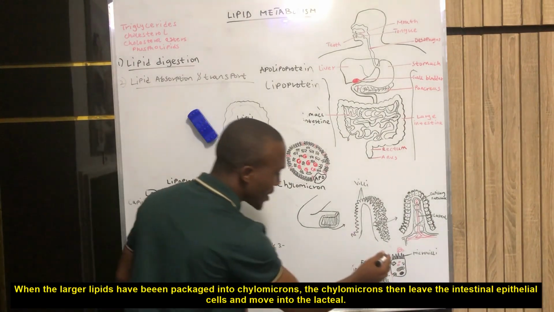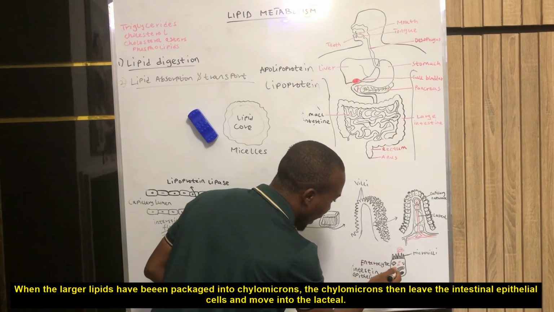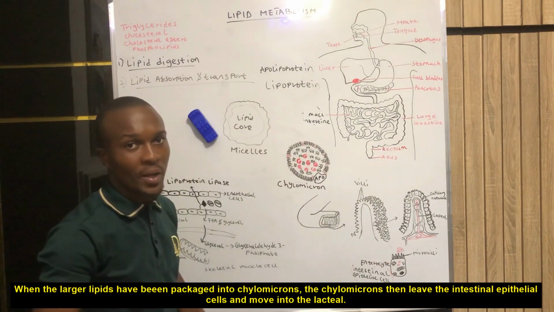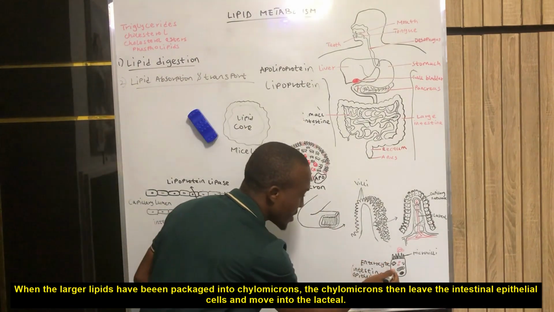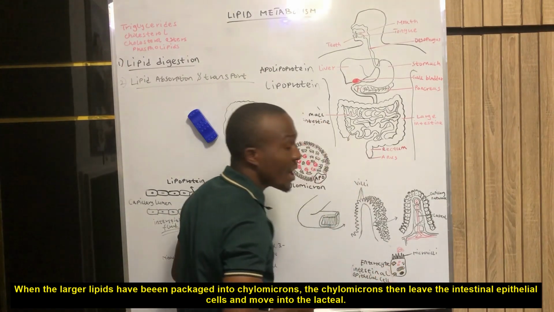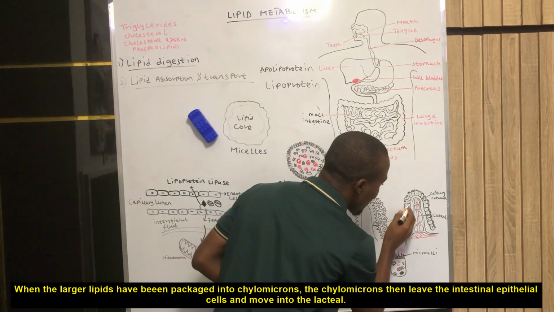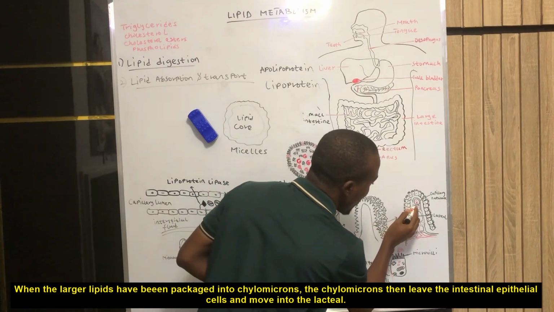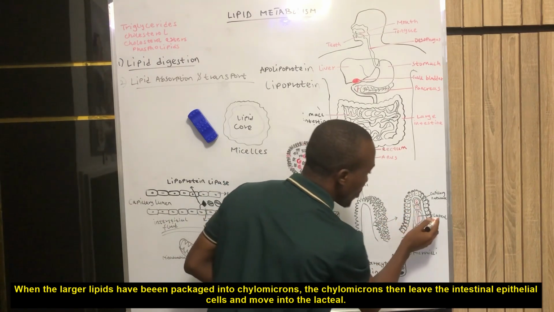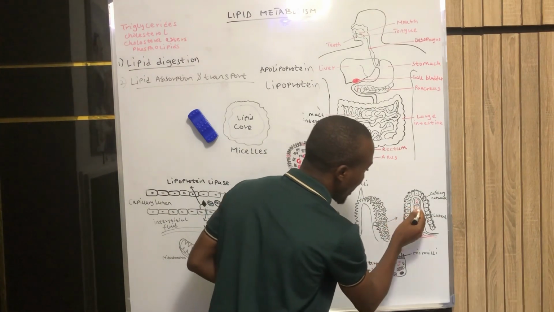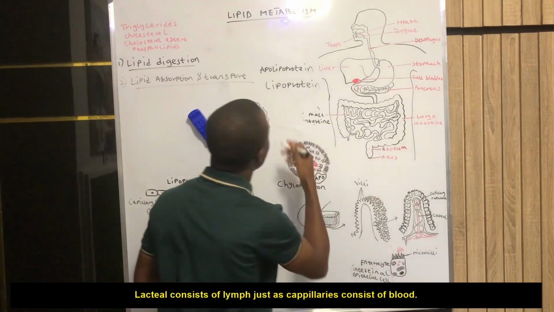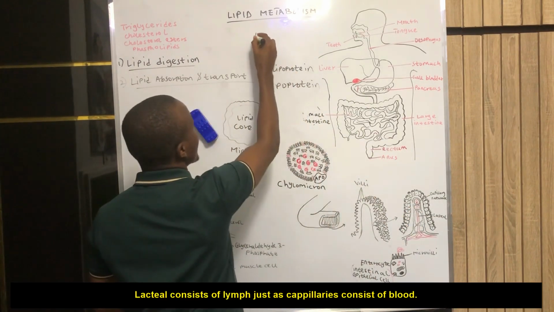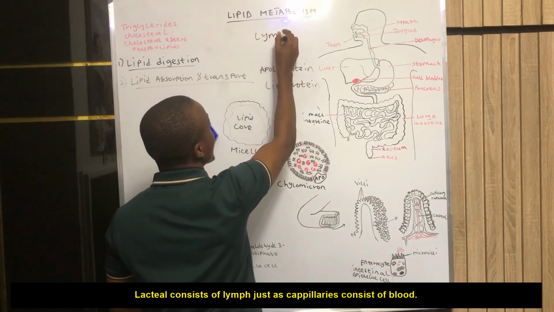Now, when the products of lipid digestion have been packaged into chylomicrons, these chylomicrons leave the epithelial cells and move into this lymphatic vessel called the lacteal. This lacteal consists of lymph, just like capillaries consist of blood.